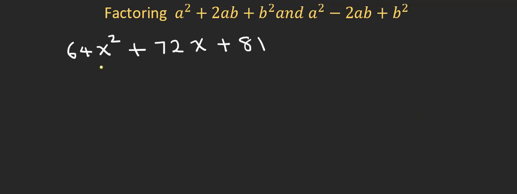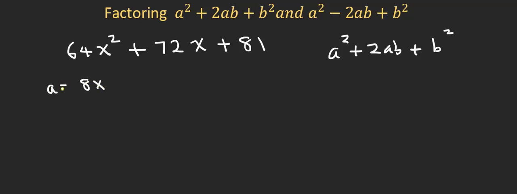Let's take a look at our last example. We've got 64x squared plus 72x plus 81. Well, this looks like a squared plus 2ab plus b squared. 64x squared is a perfect square, and the square root of that is 8x. That is our potential a. What about b? Well, the square root of 81 is 9.